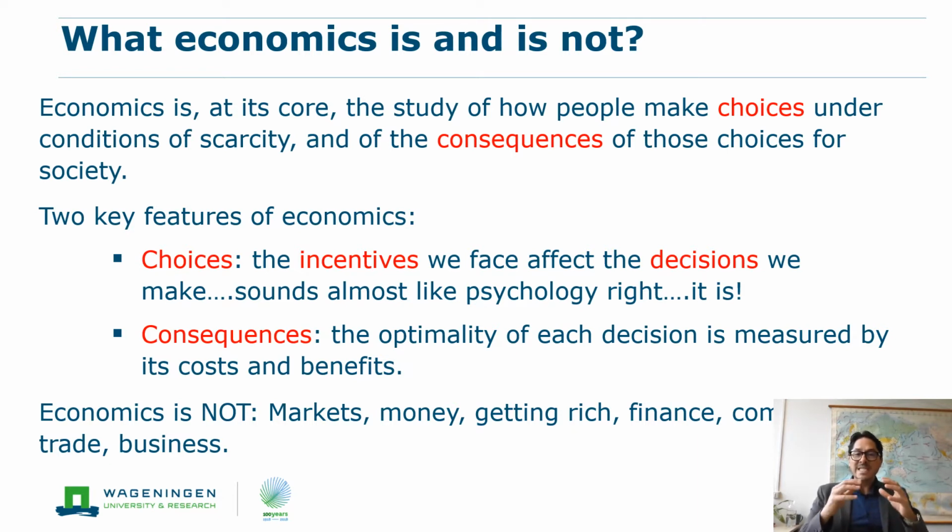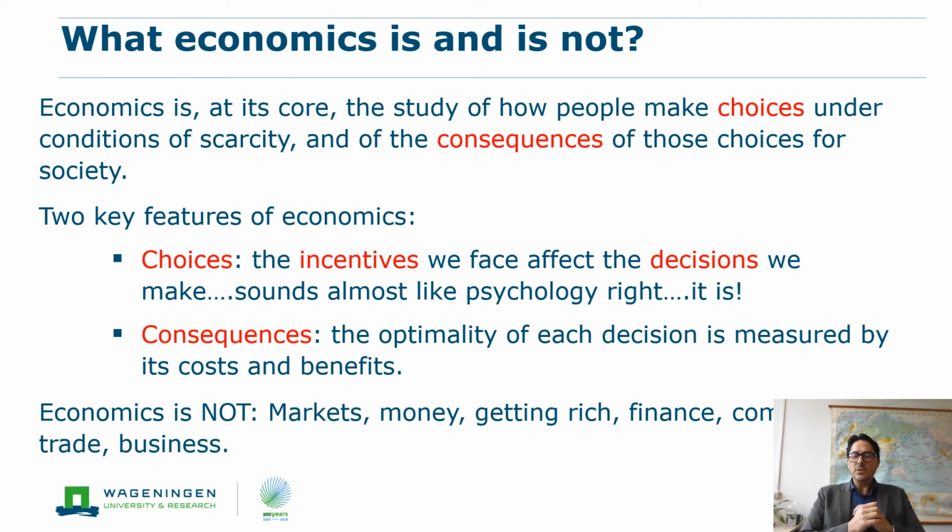All those incentives shape our decisions and affect, therefore, our choices. Now, when it comes to the consequences of our choices, we tend to define what is good or bad for society, what is optimal, which means what is best. We tend to judge that using a cost and benefit framework.